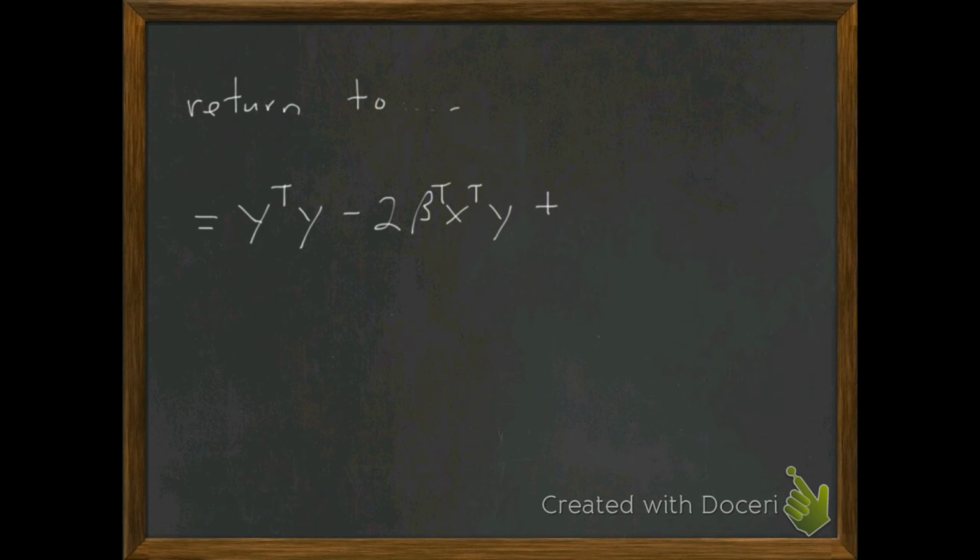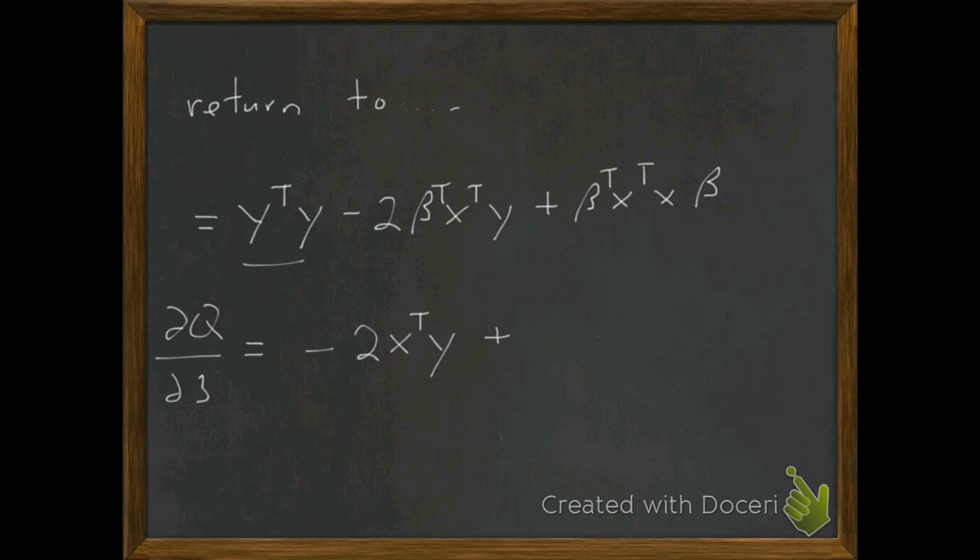And of course, so when we take the partial of q with respect to beta, we get nothing for the first term. For this term right here, I'll go ahead and tell you that you get negative 2 x transpose y.